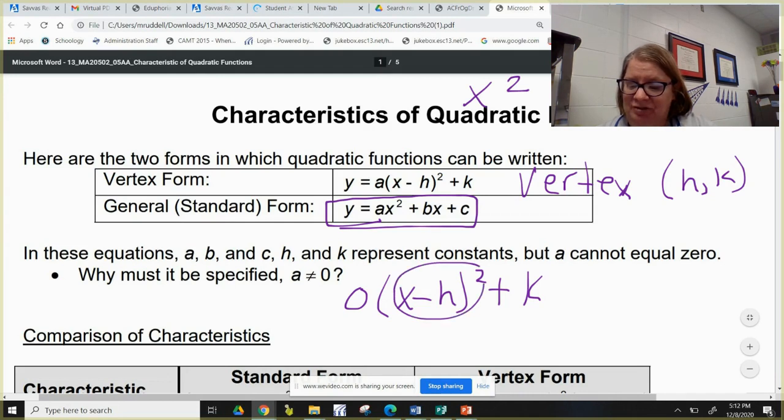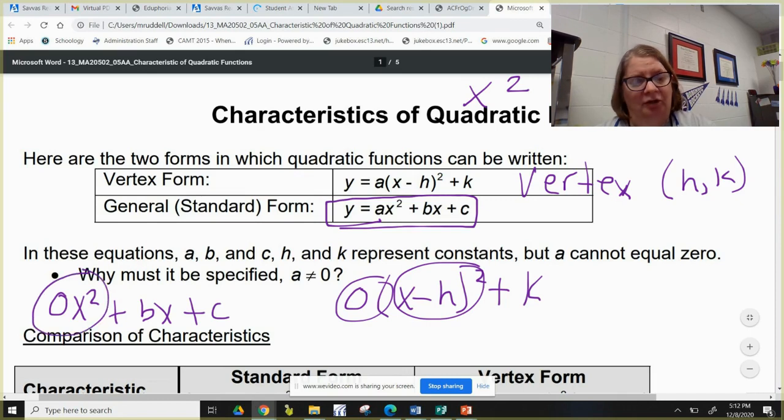If I multiply this squared by 0, there's no longer an x squared term. In standard form, if I have 0x squared plus bx plus c, I no longer have an x squared term, so I don't have a quadratic. So whether you're looking at vertex form or standard form, the a cannot be 0.